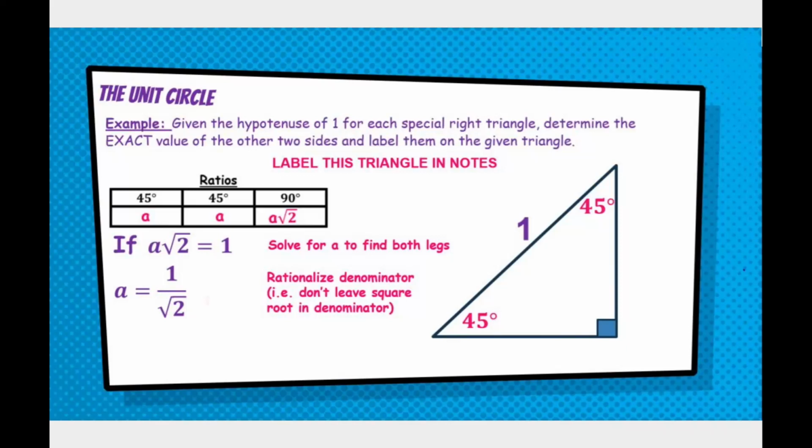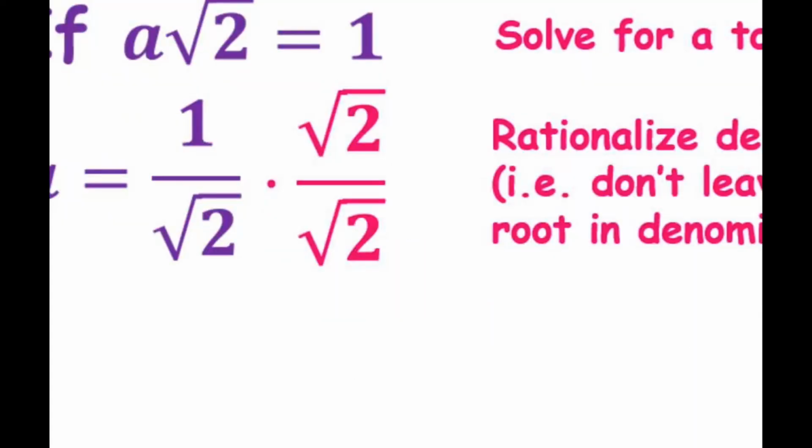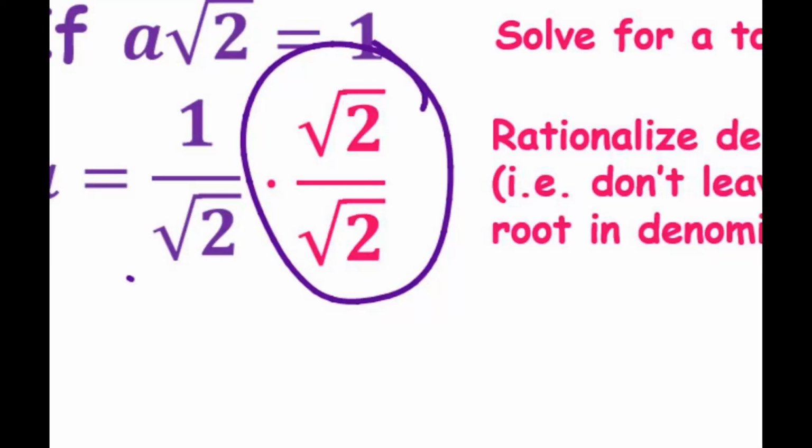But I'm going to show you why we get what we get, and why it doesn't look like 1 over square root of 2. That's because in math, we don't leave square roots in our denominator. We do what's called rationalizing the denominator, which basically gets rid of the square root in the denominator. When we do that, we multiply by whatever our square root is. The reason I do this is because this number is a number divided by itself, which is just 1.